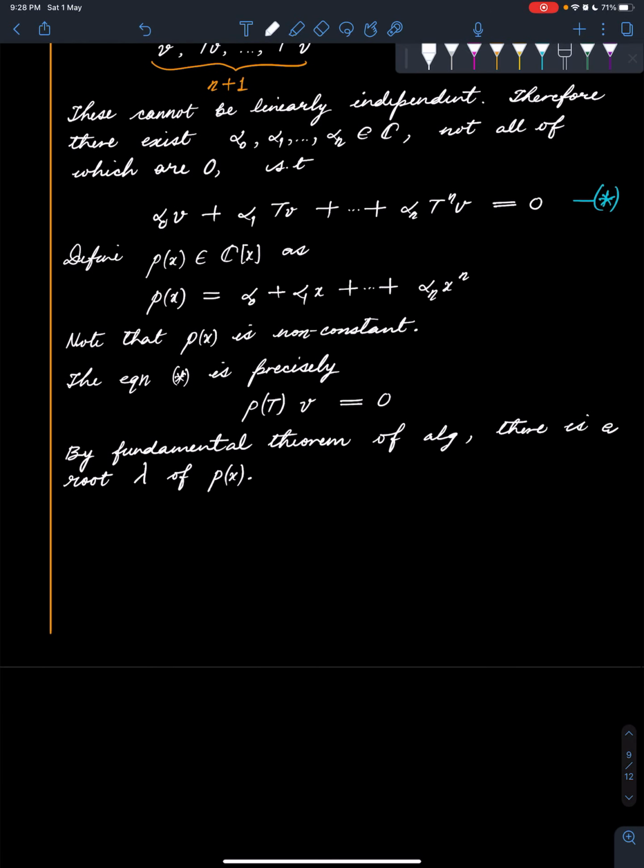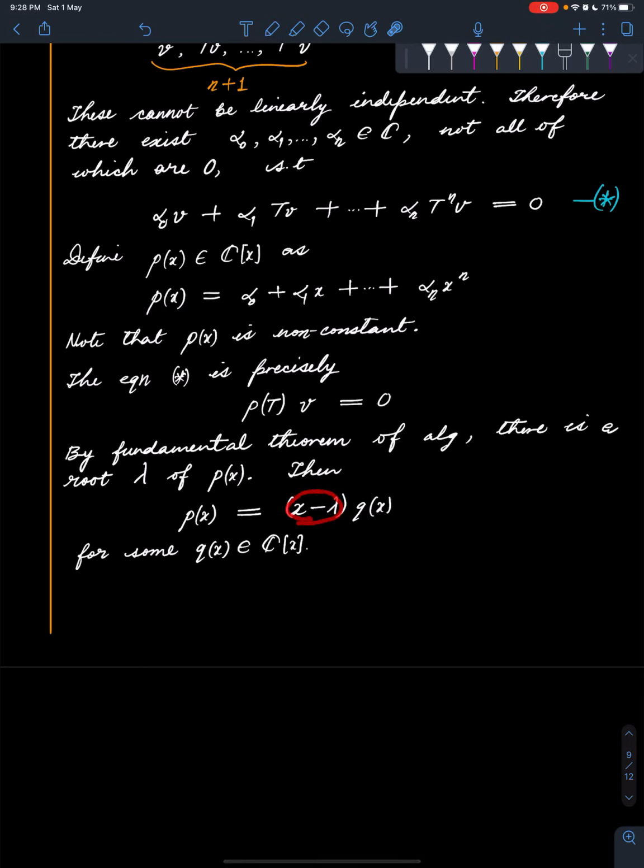So if a polynomial has a root, suppose lambda is the root of Px, then you can show that Px is of this form for some polynomial Qx. This is like division with remainder.